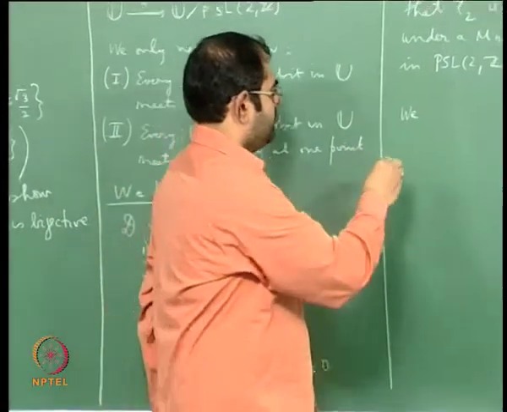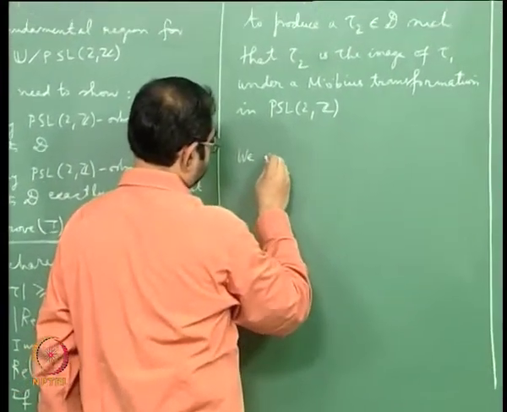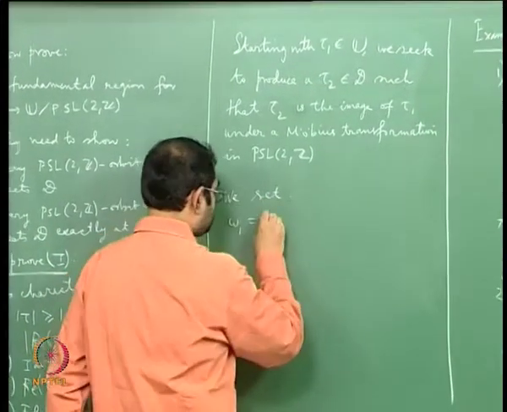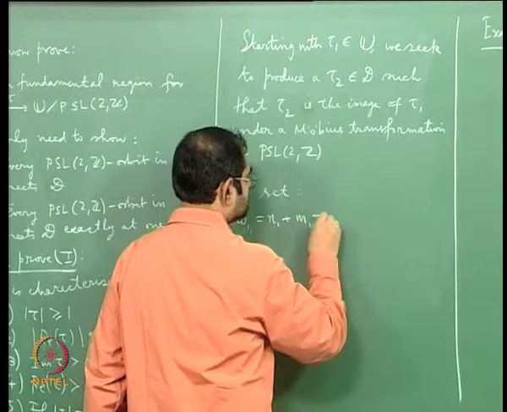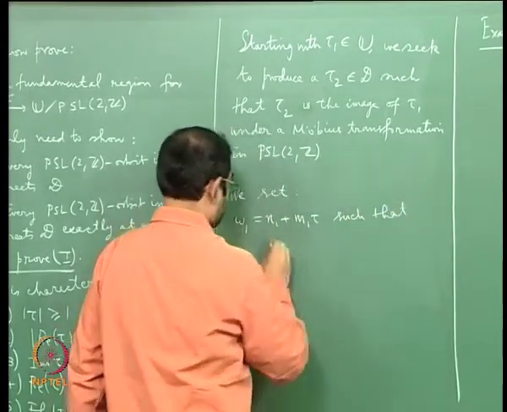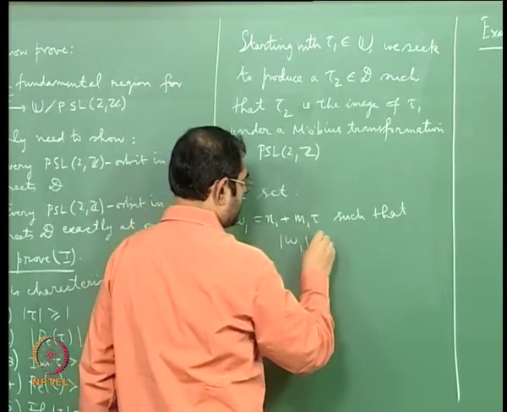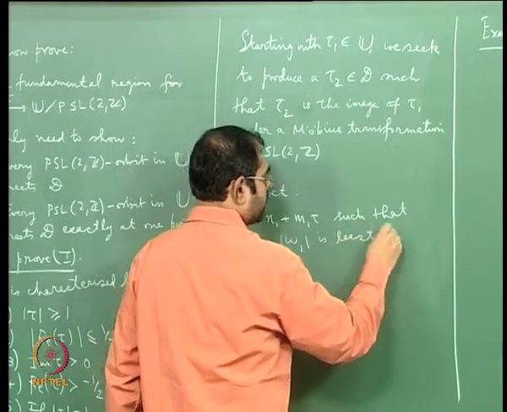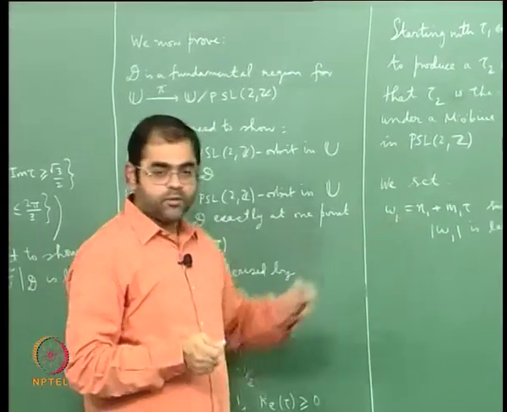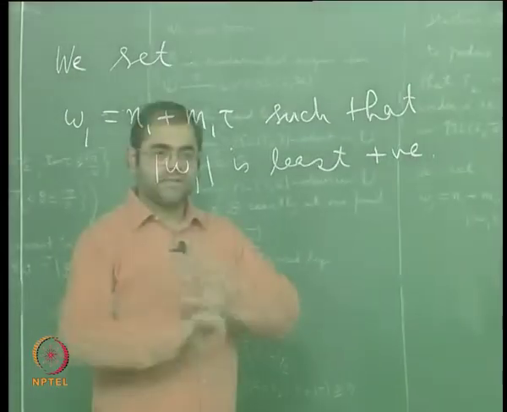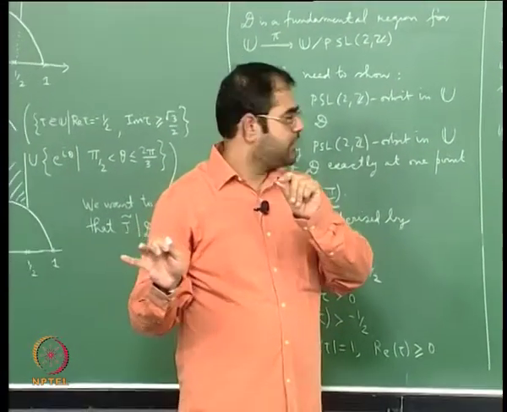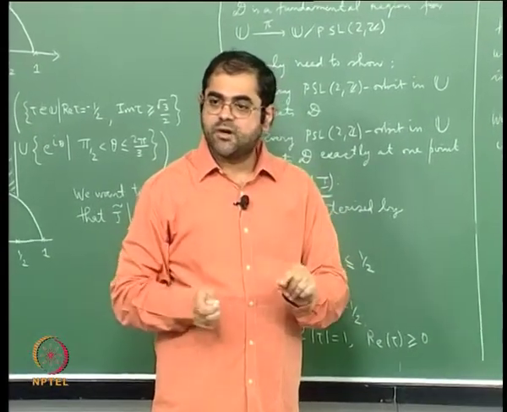We said, choose omega 1 such that mod omega 1 is least positive. So what you do is that you look at the lattice generated by 1 and tau, and you take a member of the lattice which is closest to the origin.